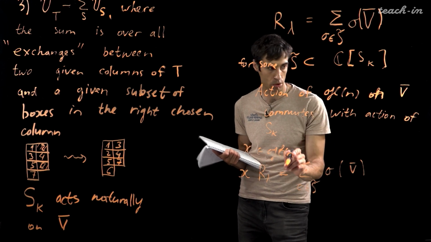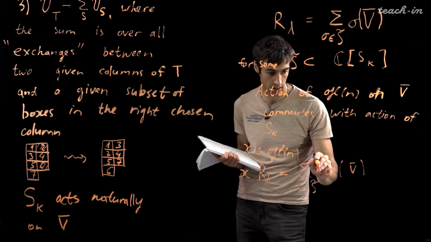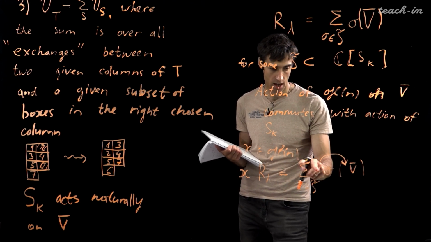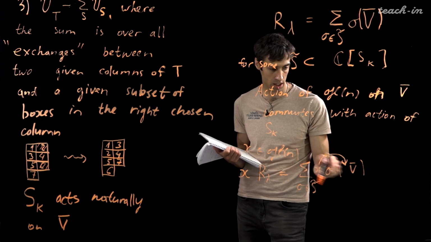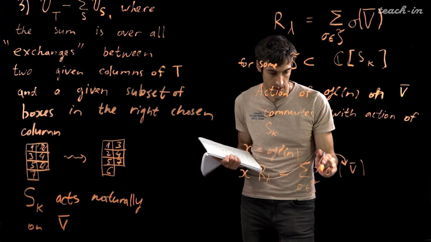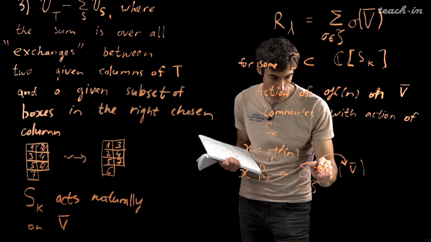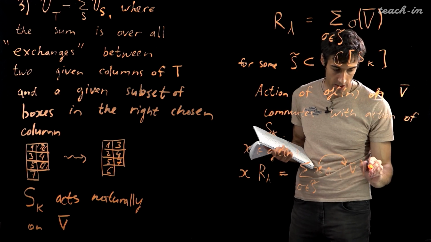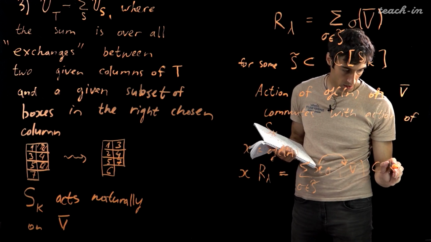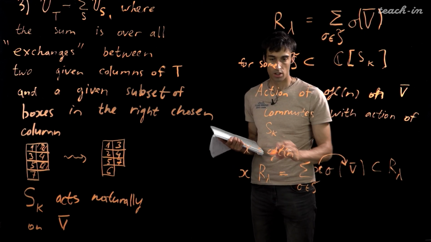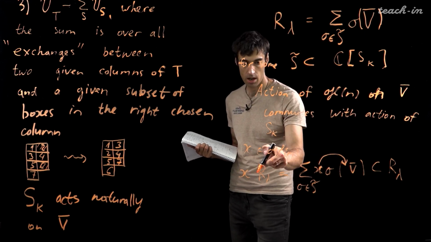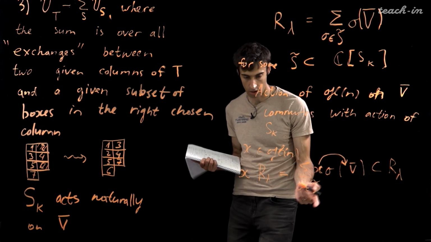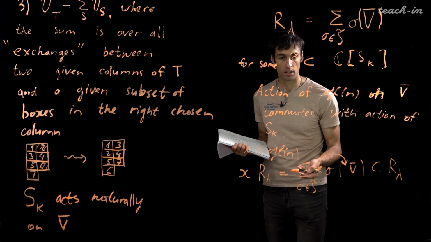So x commuting with the action of Sk means that actually I can pull this through, and it will be sigma acting on x V bar. But x V bar is just V bar, or it is inside V bar, I should rather say. So therefore, this is inside R lambda. So this means that if I act by some element from GLN, it's still inside R lambda. So therefore, R lambda is a sub-representation.